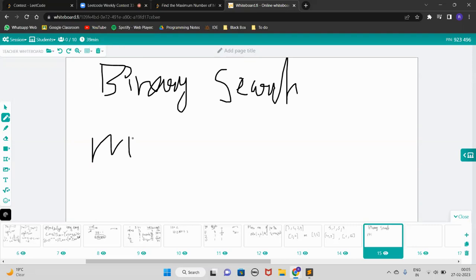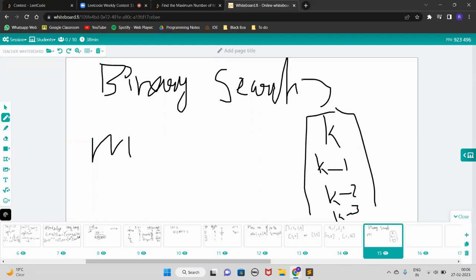If a function is monotonic, either strictly increasing or strictly decreasing, then we can use binary search to find the maximum value. And how is this function monotonic? If we are able to make k pairs, then we are surely able to make k minus 1, k minus 2, k minus 3, and so on pairs. So if this condition is satisfied, we can use binary search over here.